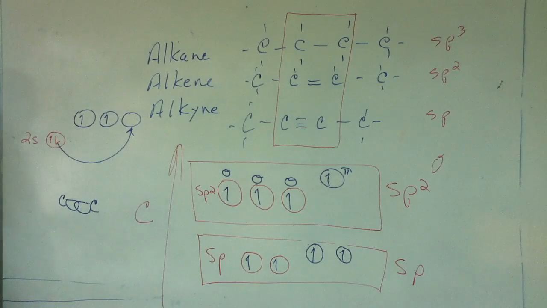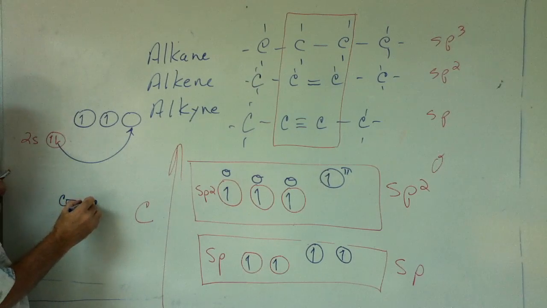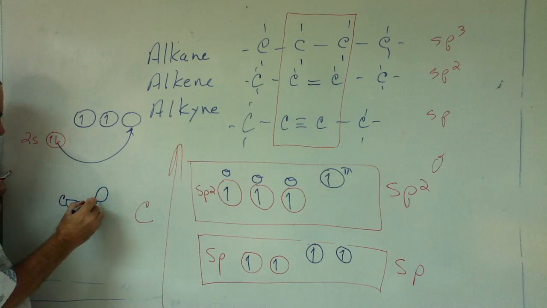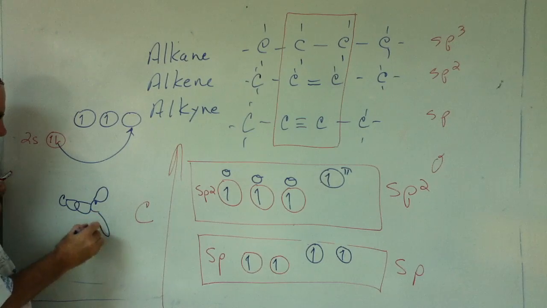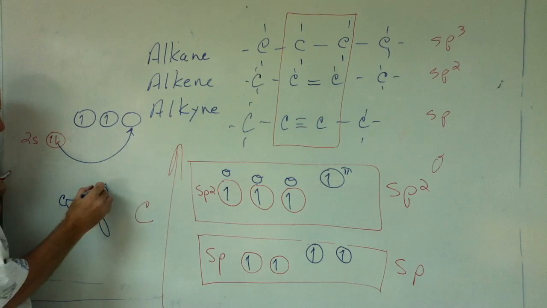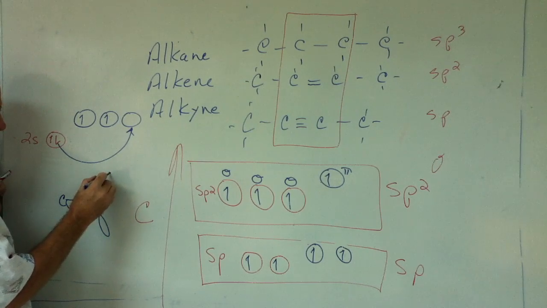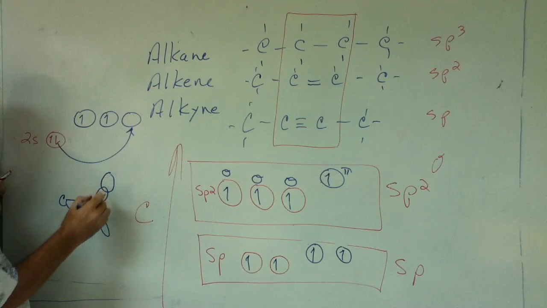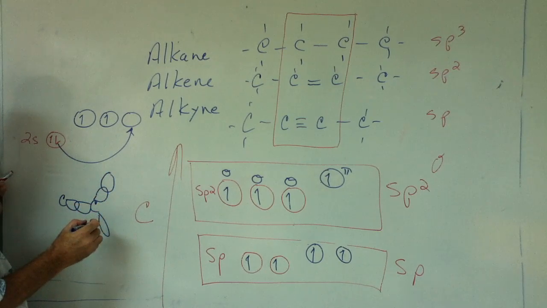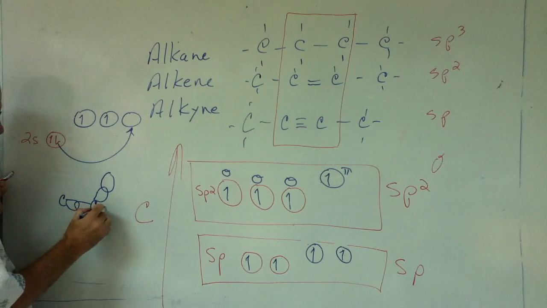That's what they call a pi, p for pi. And then you get another one over here. This is going to go to a hydrogen. No, this one's going to go to another carbon.